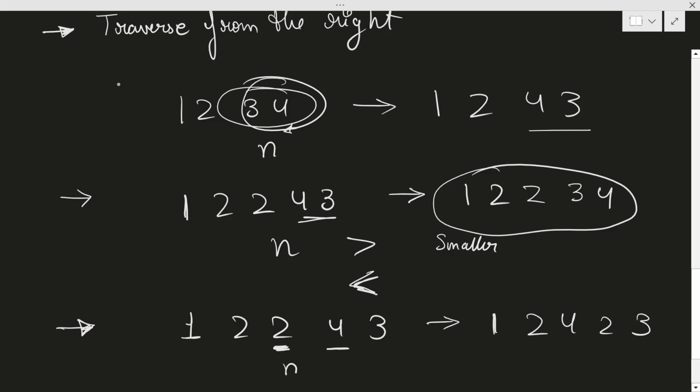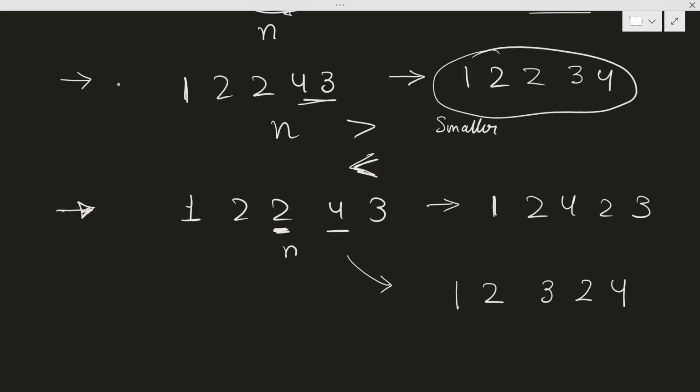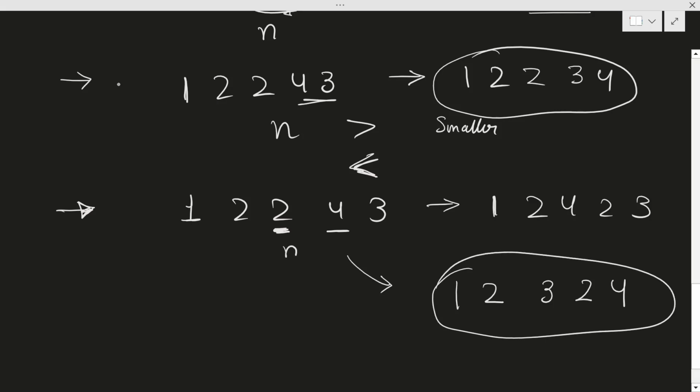It is obviously greater, but is it the smallest? The smallest number would be this. You can see this is the smallest number.